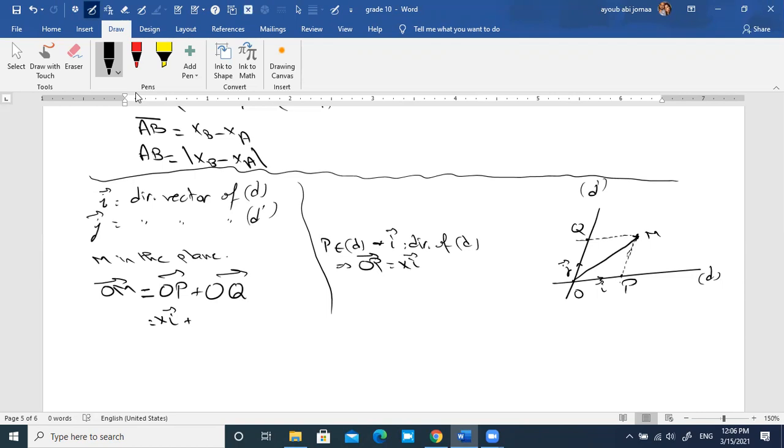Similarly for OQ, it is equal to some value y. I'm not going to write the same value x, we call it value y.